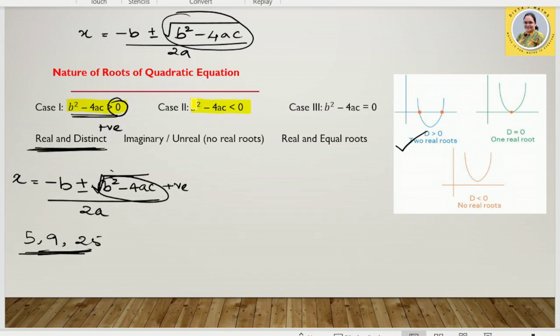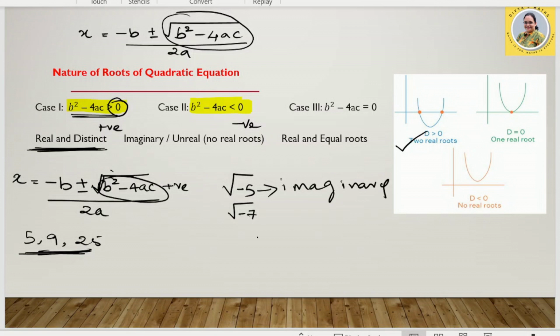What happens if b square minus 4ac is less than 0? It is a negative number, right? See, if it is a negative number, the root of minus 5 or root of minus 7, can you solve them? They are imaginary roots.